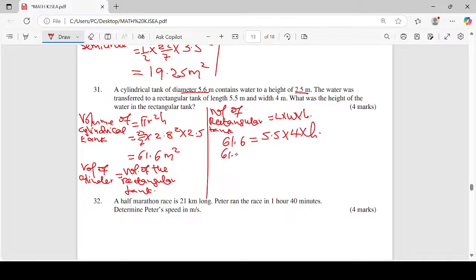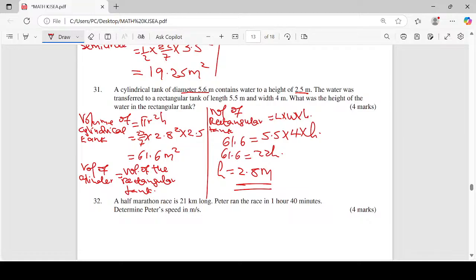So 61.6 is equal to 5.5 times 4, that is 22h. I want to get h. If you divide both sides by 22, you are going to have h as 2.8. My h is 2.8 meters. That is the height.